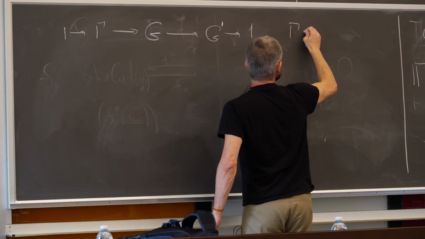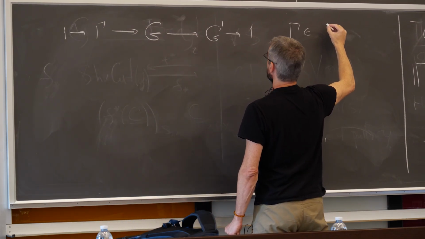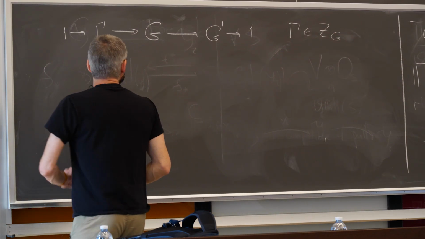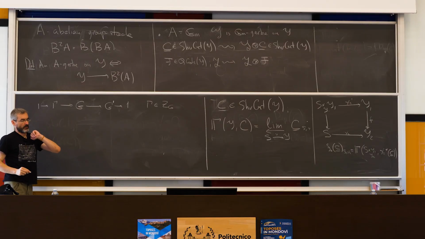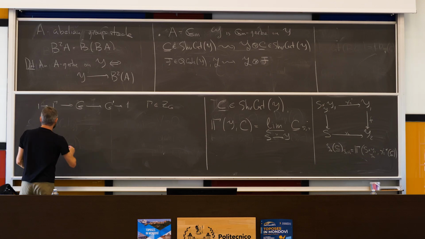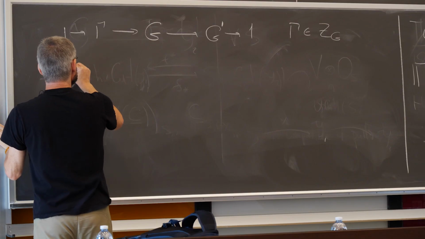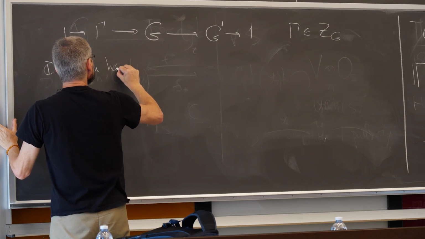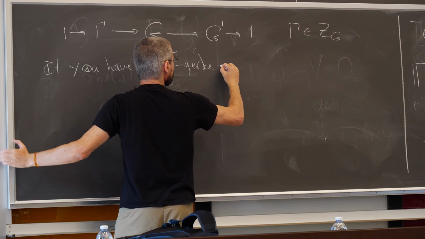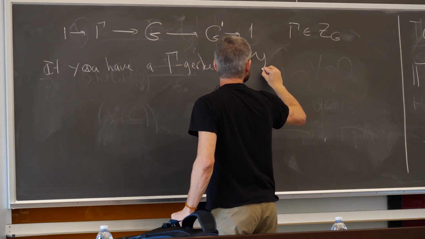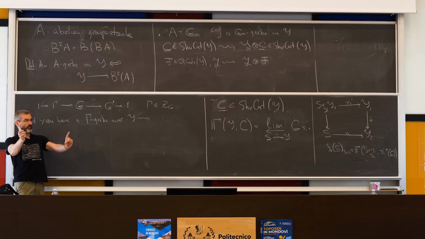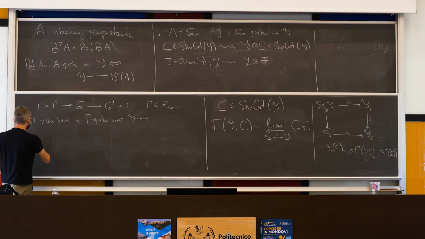And so gamma is in the center of G. To this datum, you can attach the following construction. If you have a gamma gerb over Y, you can twist G and obtain a twisted form of G over Y.